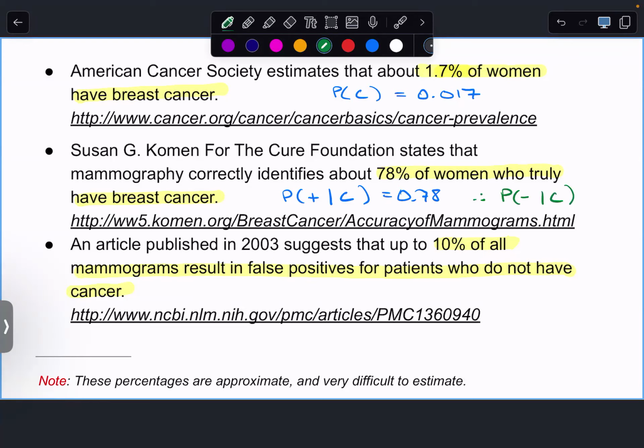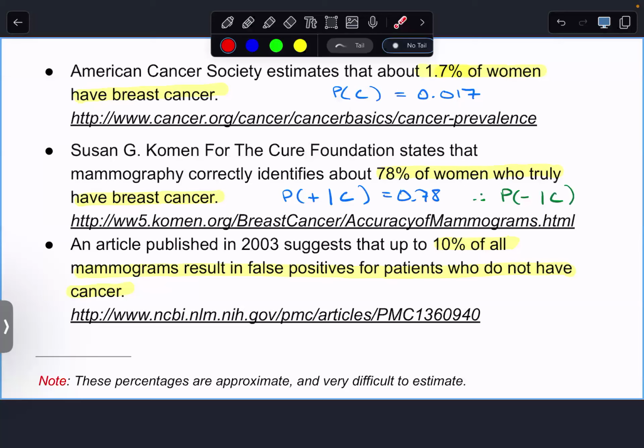It's not stated, but from there, you could tell me, well, then what's the probability of a negative result knowing that they have cancer, right? So if you just read this, mammography correctly identifies about 78% of women who truly have breast cancer, meaning it incorrectly identifies 1 minus 0.78.